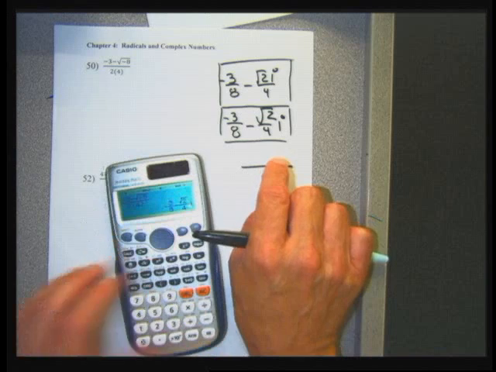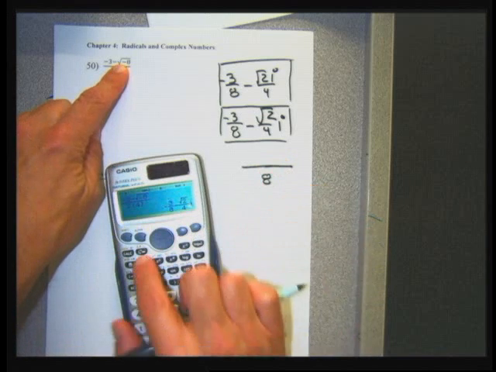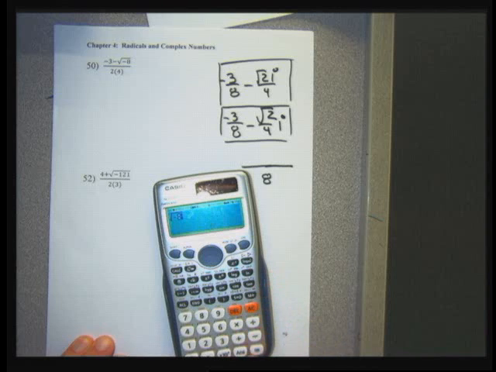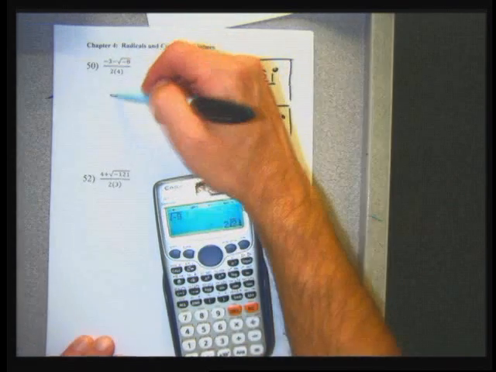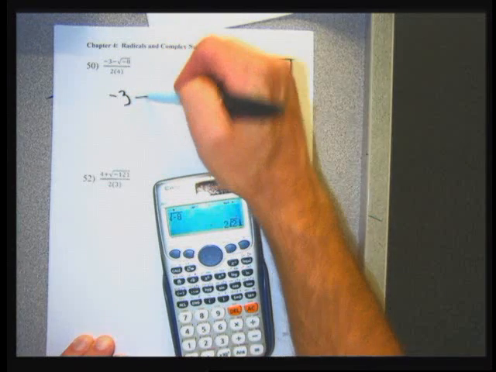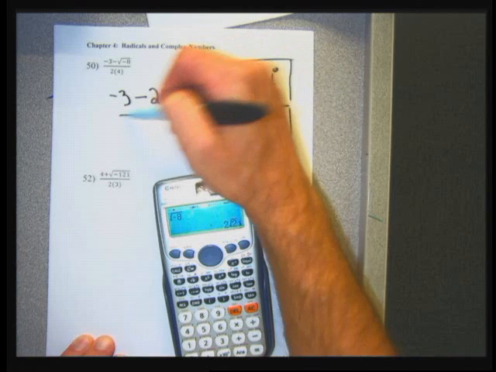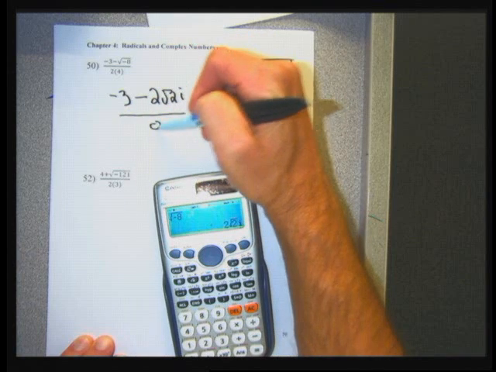So by hand, I need to reduce the square root of negative 8. And the square root of negative 8 reduces to 2 radical 2i. So by hand, I'm going to make this negative 3 minus 2 radical 2i over 8.